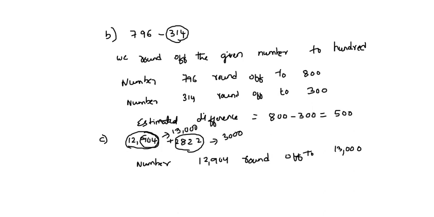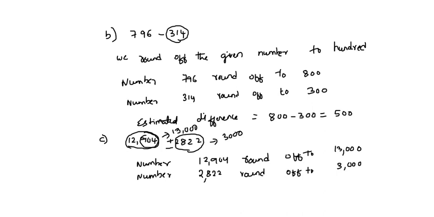In the same thing like that, number 2,822 rounds off to 3,000. Now here, which operator are you using here?